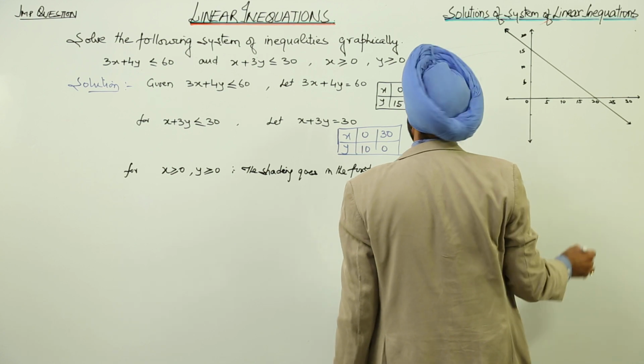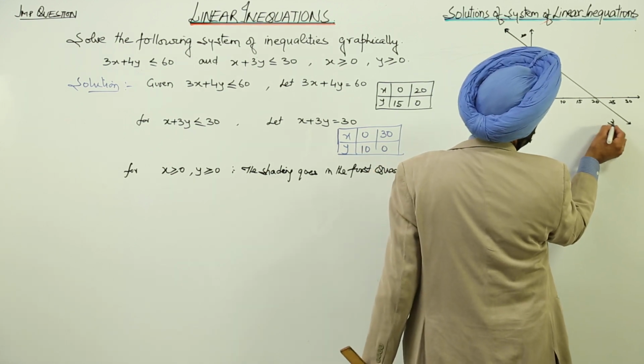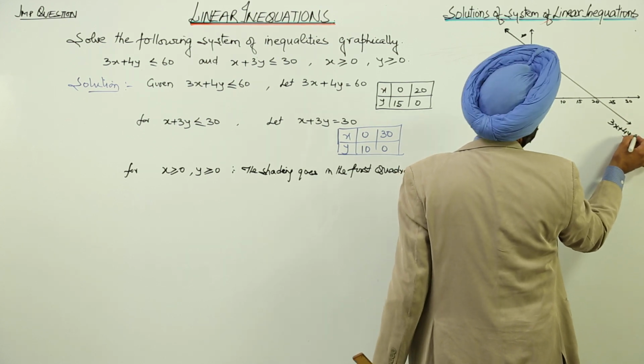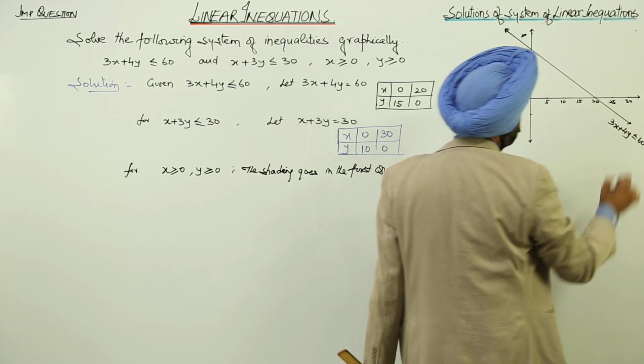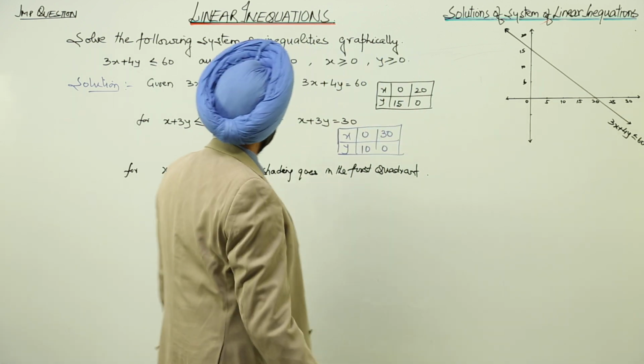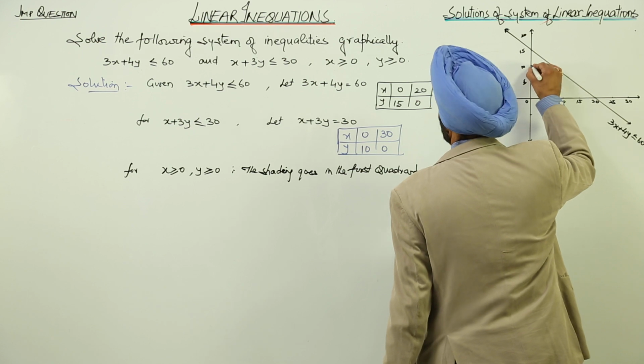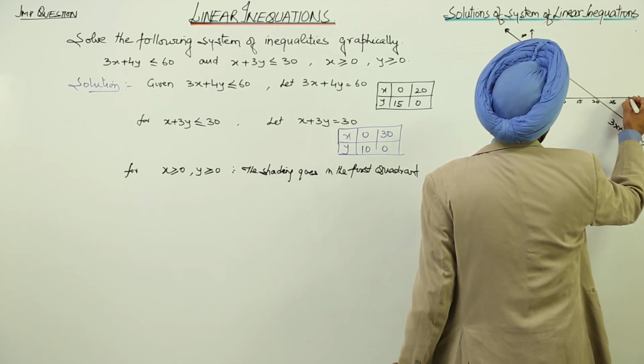Writing the original equation, 3x plus 4y is less than or equal to 60. Second equation, 0 and 10, it means this point, and 30 and 0, this point.